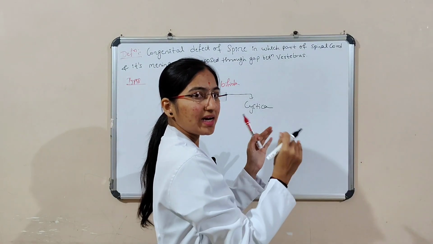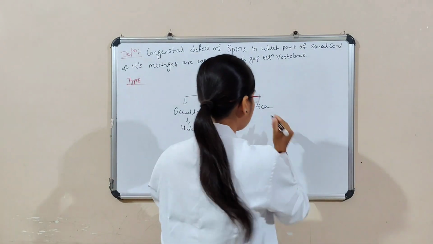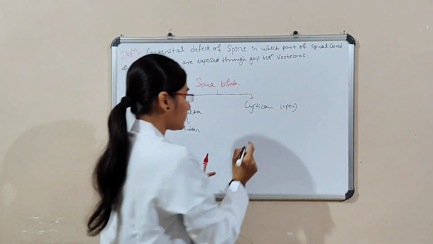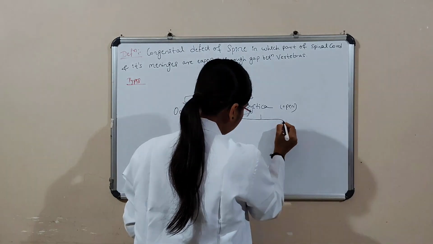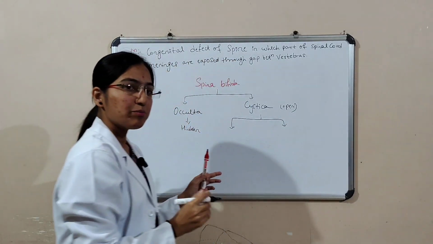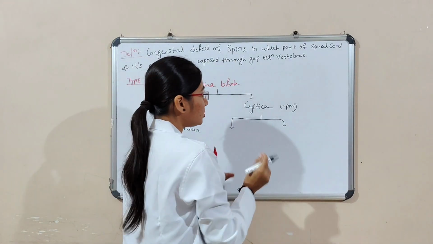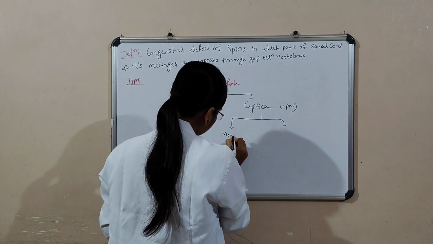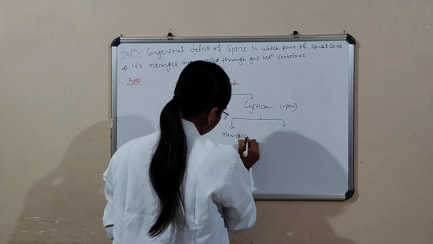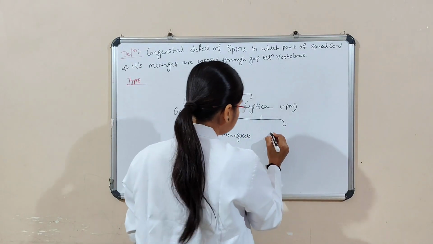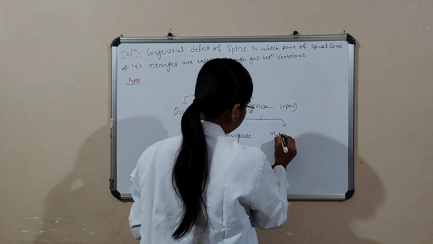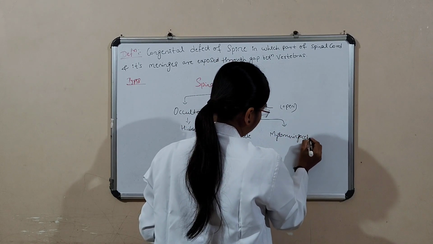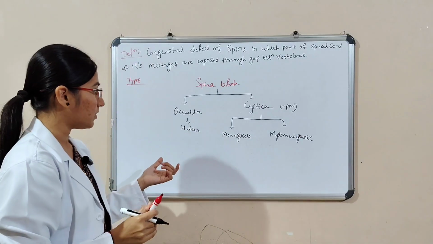Cystica is an open one, like a sac, in the lumbosacral region. In cystica there are again two types. One is meningocele, another one is meningomyelocele or myelomeningocele. Meningocele and myelomeningocele.